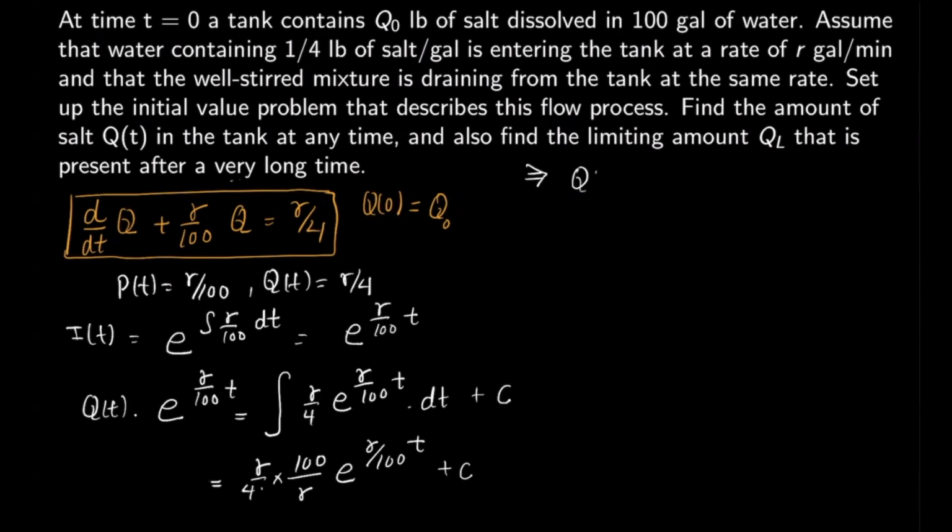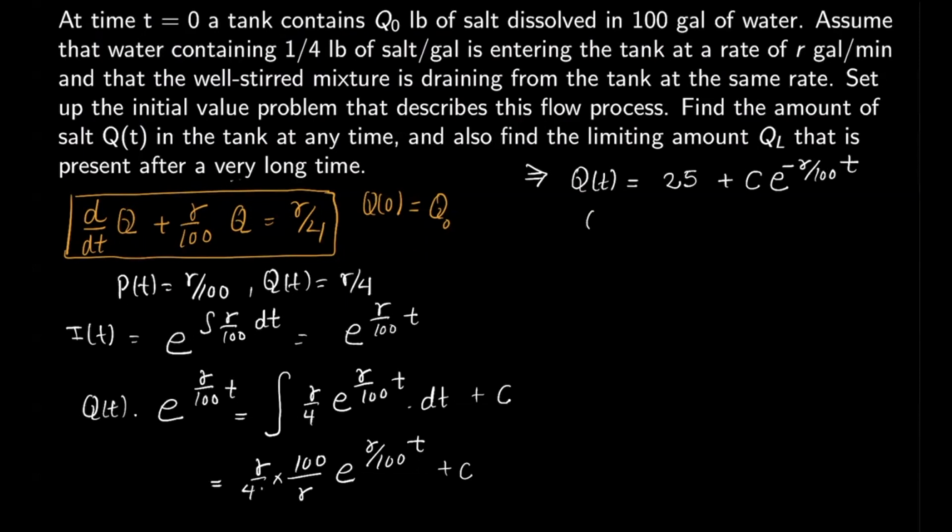So I'm going to move the exponential to one side. Q of t is going to be equal to 25 plus c times e to the power minus r divided by 100 t, because e to the power r divided by 100 t cancels out.